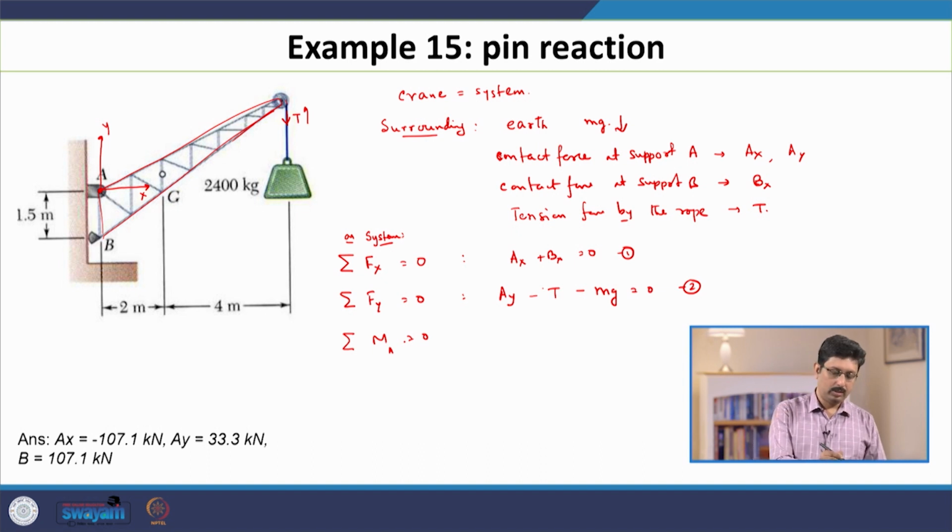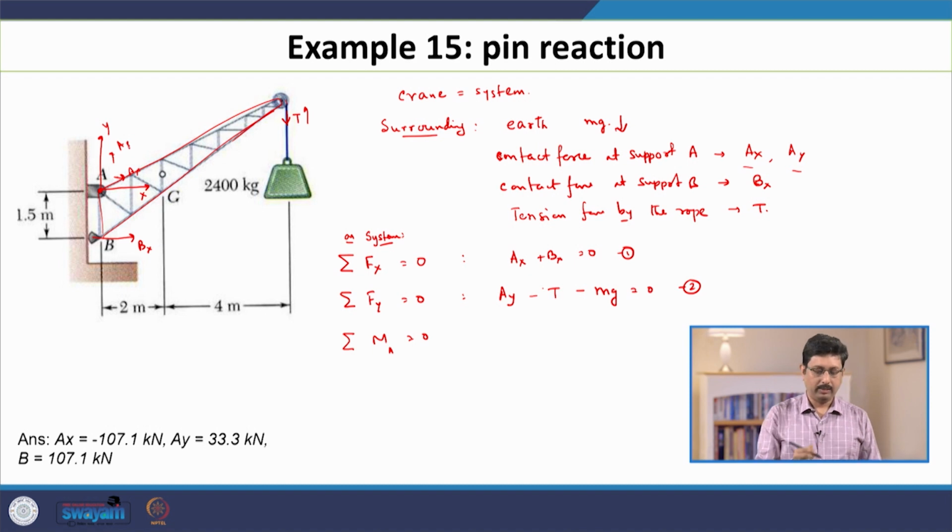Why? Because the line of action of the contact forces Ax and Ay passes through the point A. Let us define this: this is Bx, this is Ax, Ay.